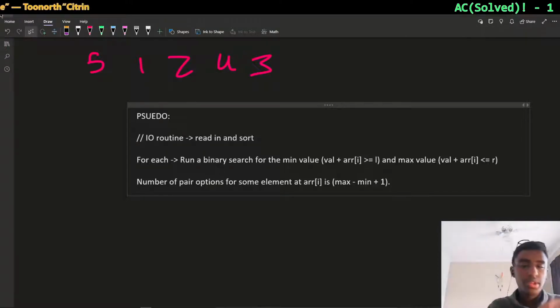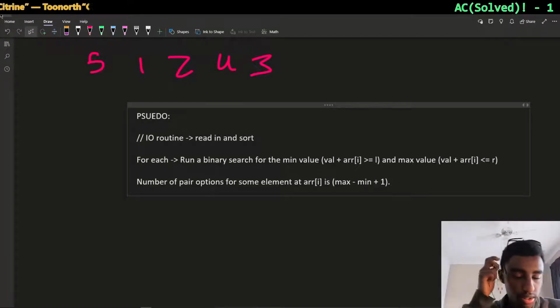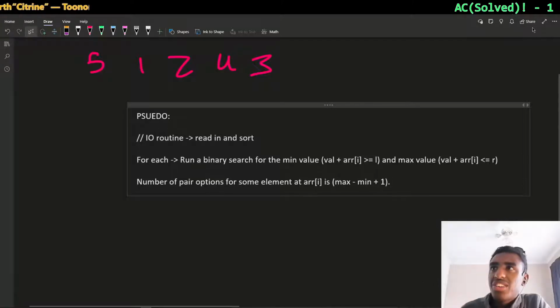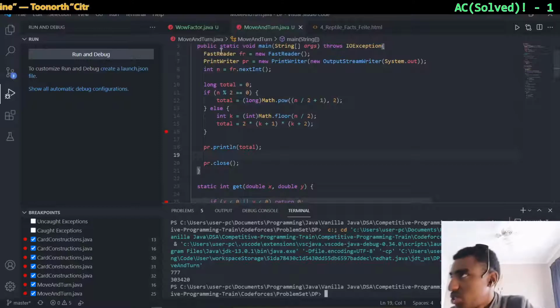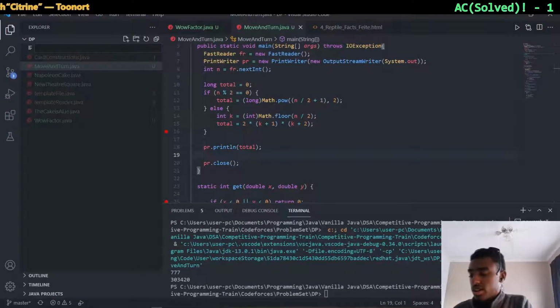To be fair though, we can cut the search when the value at I is greater than our right boundary. So that can kind of help us, I think. Oh, well, I don't know how to run a complexity analysis, so I don't know if it's going to be fast enough. This isn't DP, but I'm just going to leave it in here. Okay, so number of pairs.